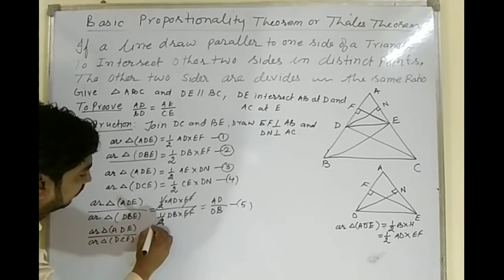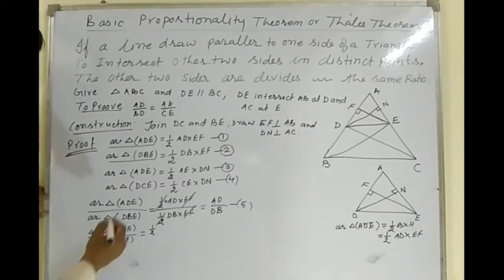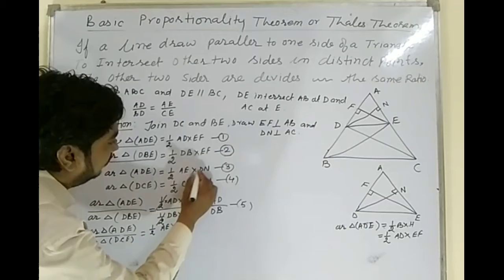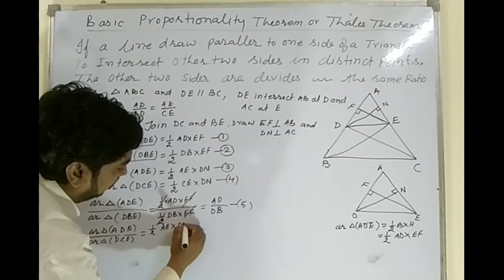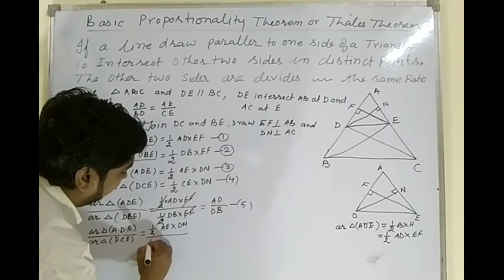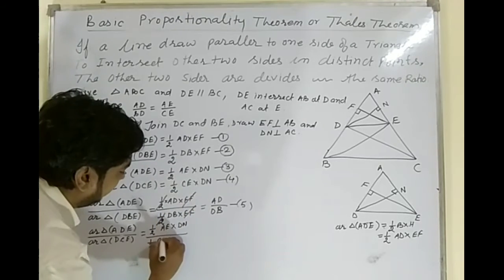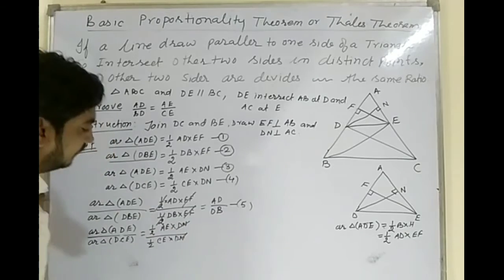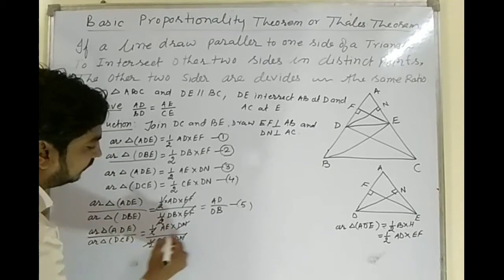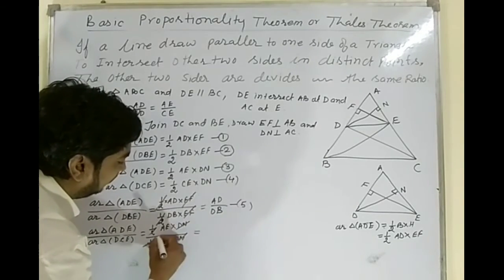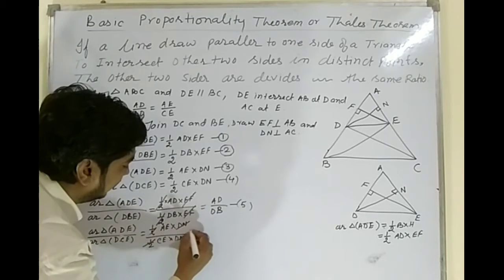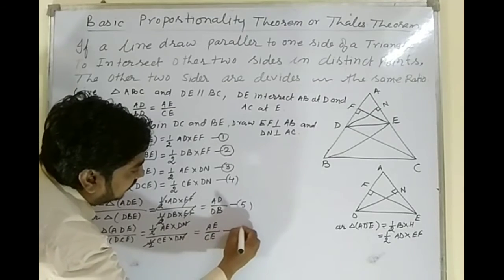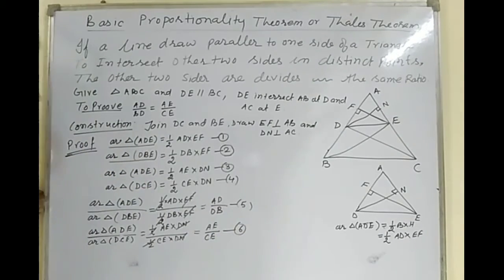So here 1 by 2 AE into DN and 1 by 2 CE into DN. Here DN is common, so this cancels, and 1 by 2 cancels out. So we get AE upon CE. This is our 6th equation.